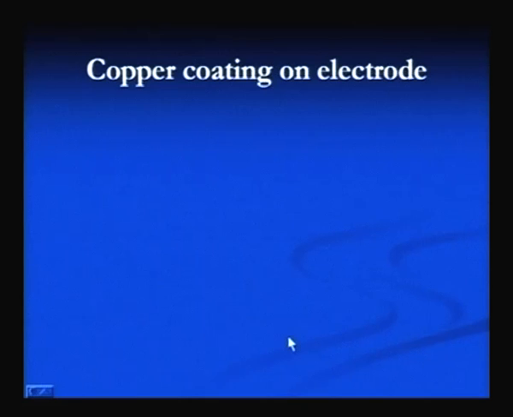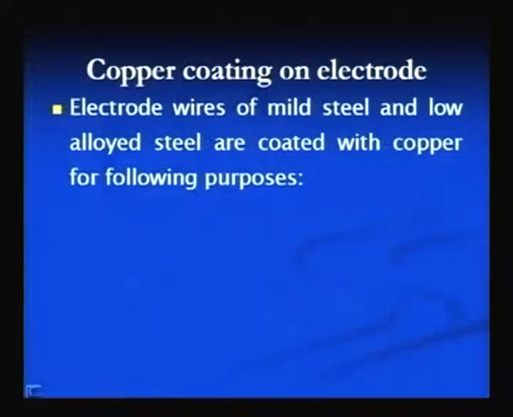These electrodes are normally coated with copper to achieve specific objectives. Steel has somewhat poor electrical conductivity and poor corrosion resistance, so if steel electrodes are coated with copper, the electrical carrying capacity and the corrosion resistance can be increased significantly.